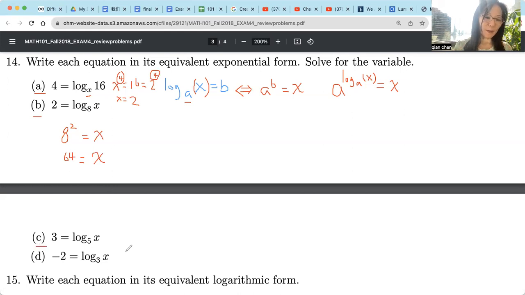Let's see C. The base is 5. Exponent is 3 equals to x. Right? 5 raised by 3, that's 125. So x equals to 125. Right? 5 times 5, 5 squared is 25. 25 times 5, that's 125. Similarly for D, 3 raised by -2 equals to x.